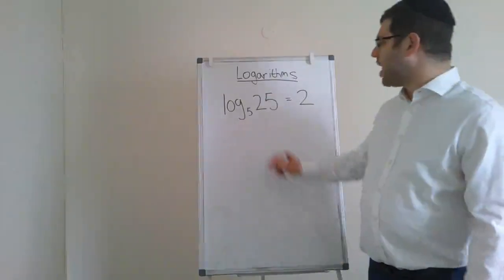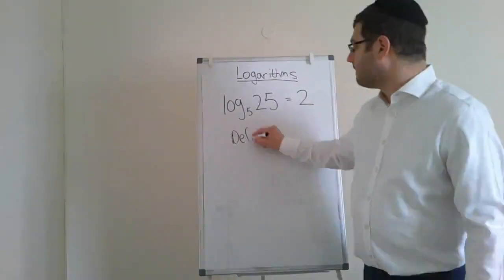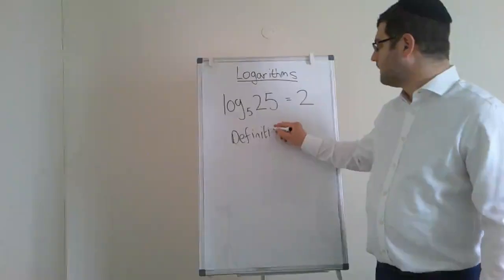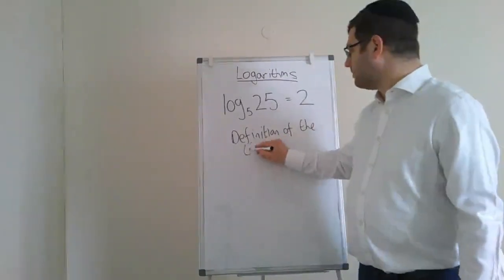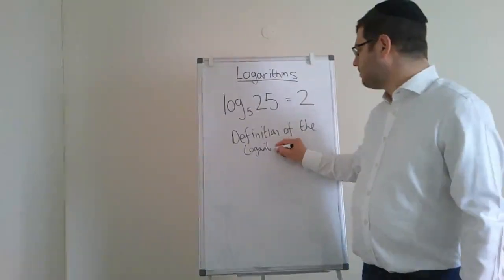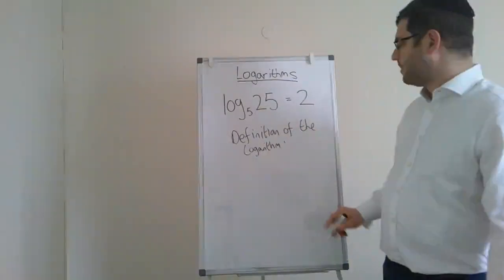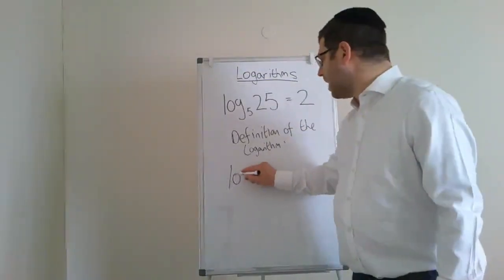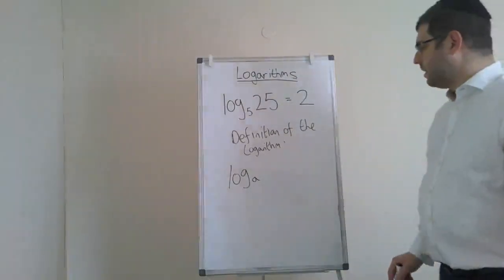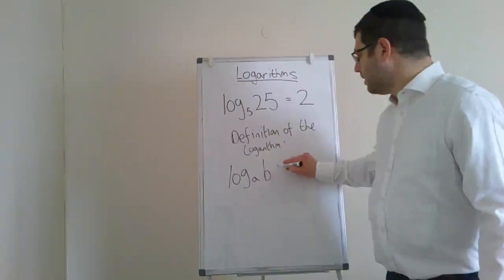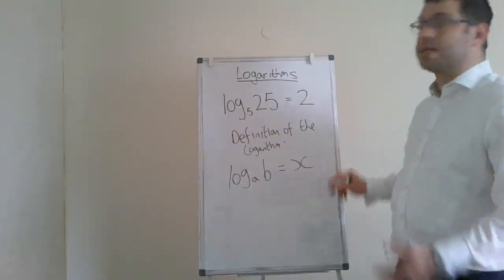And we can now generalise to the definition of the logarithm, which is as follows. If you have a statement like this, log base a of b equals x, what does that mean?